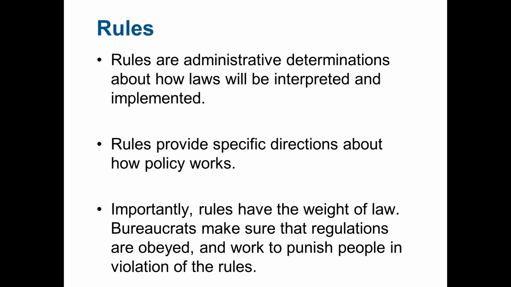The important part here to note is that when an agency issues a rule, it has the effect of law, so it has the ability to then fine people or imprison people or otherwise punish them for breaking this rule, as long as the enforcement mechanisms are consistent with the original law put forth by Congress.